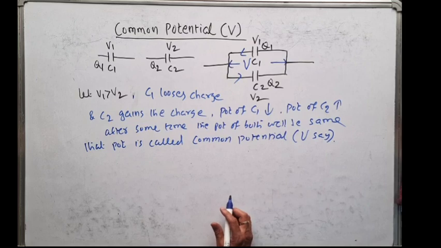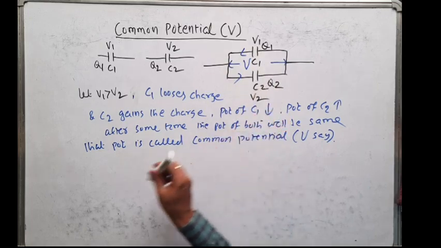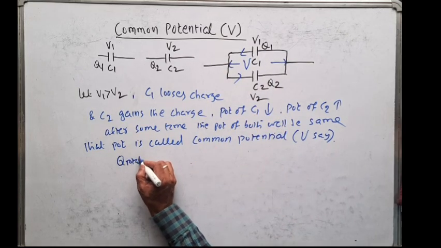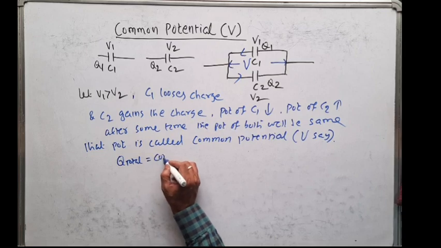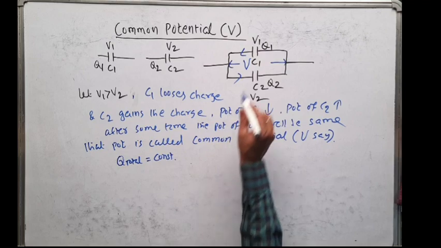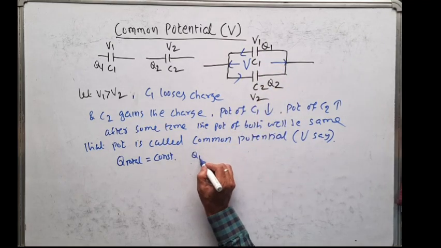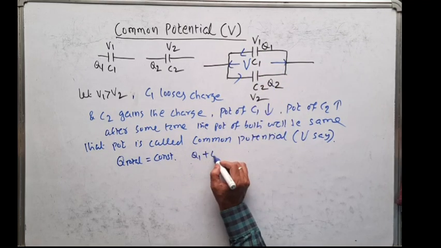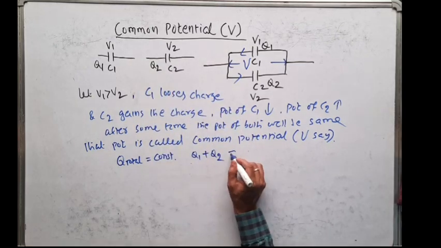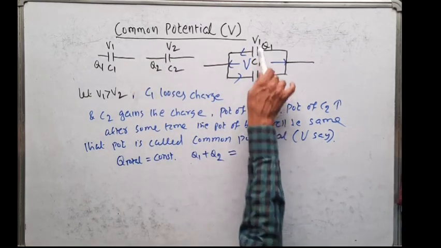Okay. So now what is the concept? Charge remains constant. That is, the total charge of this system remains constant. Okay. So what is the initial charge? Initial charge is equal to Q1 plus Q2 before connection, and after connection the charge will be modified.